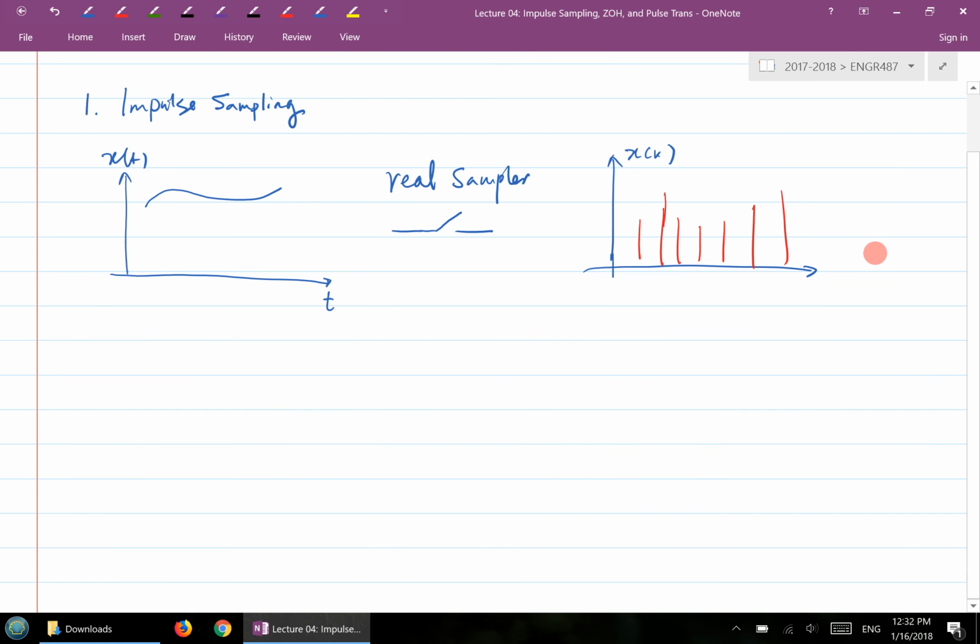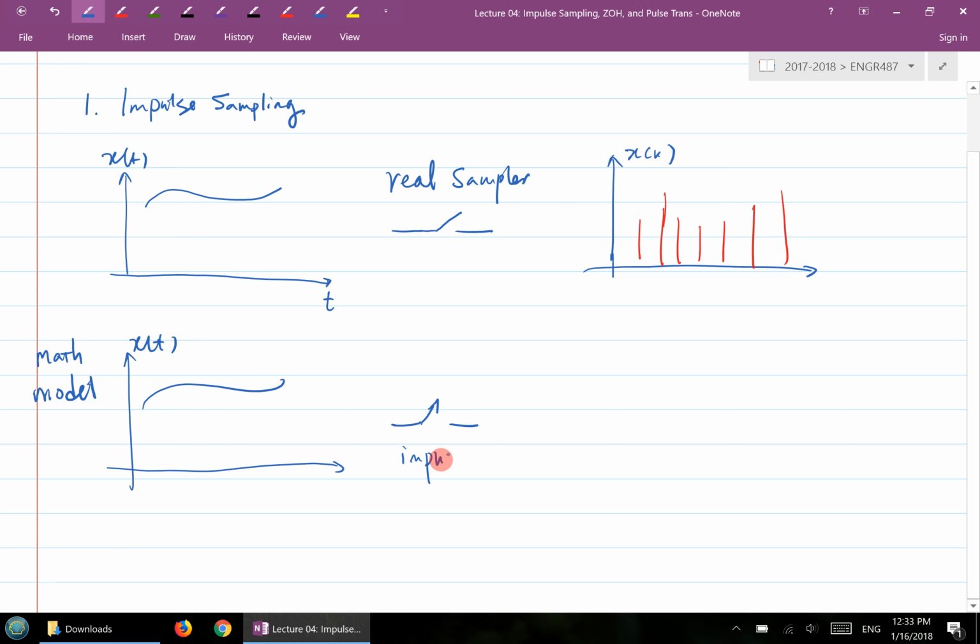But in order to put it into mathematical theory, we don't use just the description, we have to come up with a so-called mathematical model. So what's the mathematical model for this process? For the mathematical modeling, this side is still the same, so you have your x of t here. And the real sampler is modeled with a so-called impulse sampler.